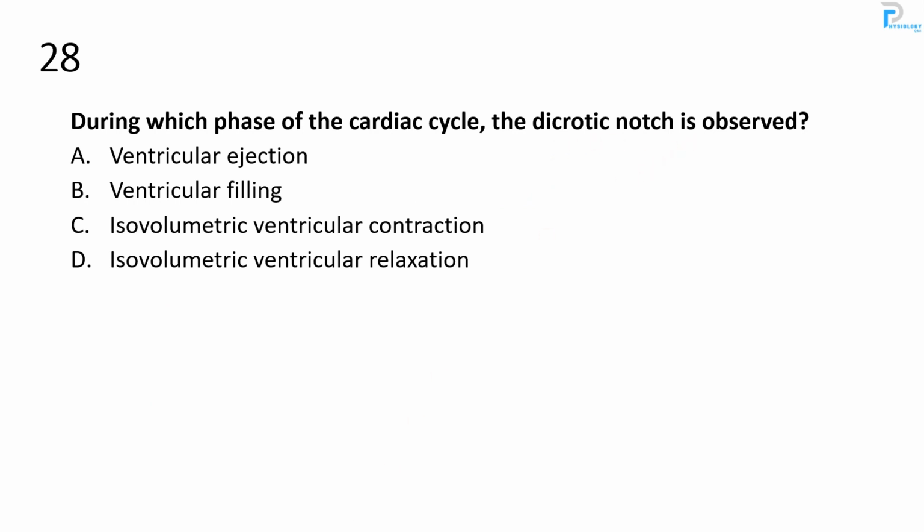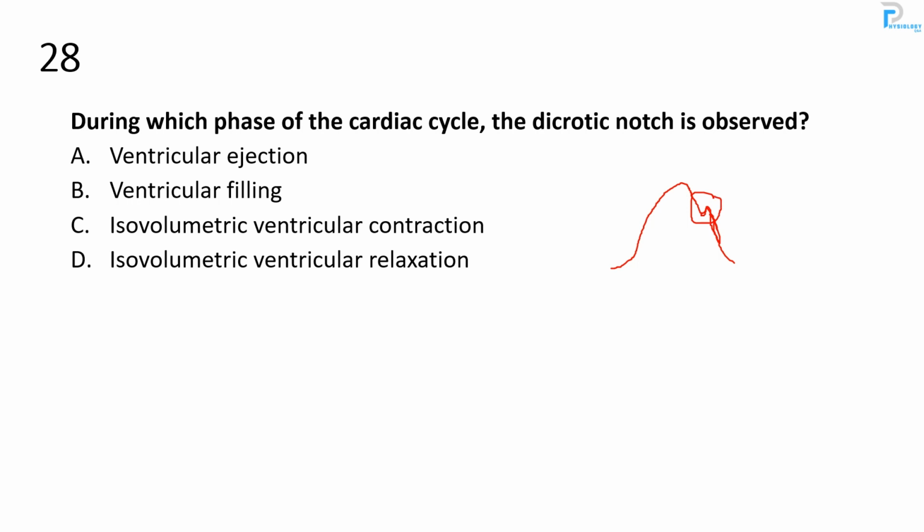Dicrotic notch, this is like aortic pressure increases during systole, then during diastole it goes down. Once the aortic valve closes, the backflow of blood towards the closed valve makes that notch in the graph for the aortic pressure, that is known as dicrotic notch.